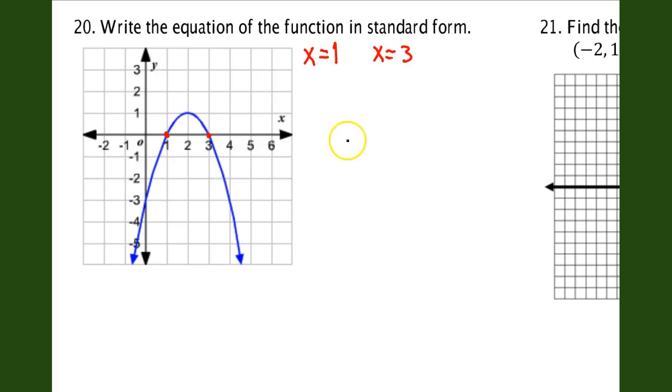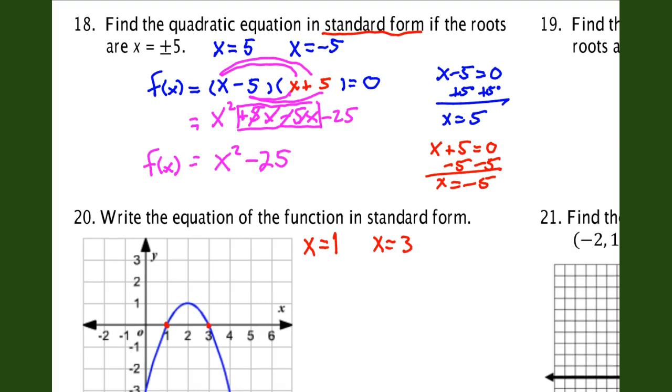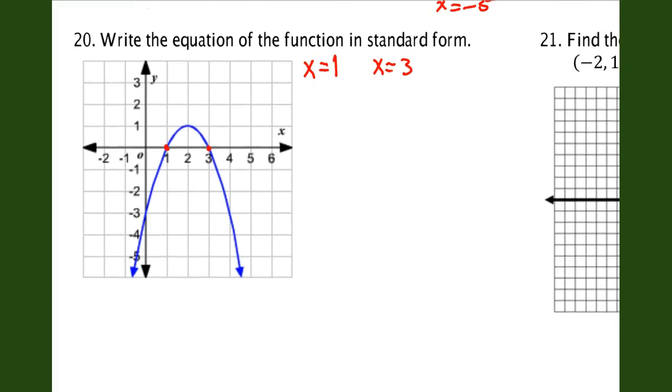Okay, so let's just do the same process, but as if they give you 1 and 3 instead of 5 and -5. So we'll go through this exact same process, multiply it together, end up with our function at the end. So we'll have f of x equals x minus 1 and x minus 3.